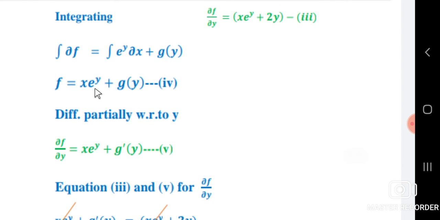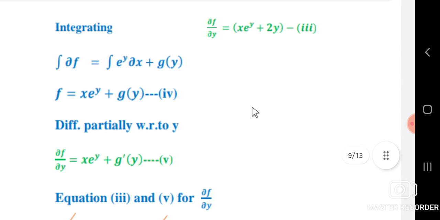So our f is x e power y plus g of y. So differentiate f partially with respect to y. This x becomes a constant. So you write x as it is, and in differentiating e power y with respect to y, this remains the same. And differentiating g of y with respect to y, this becomes g dash of y. So here we got this equation.